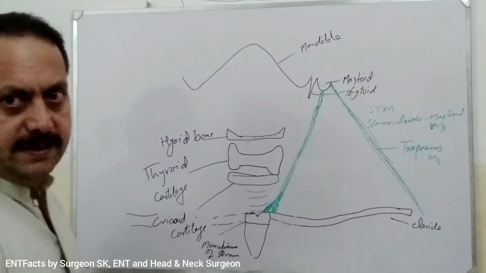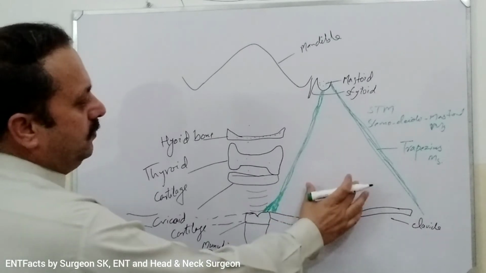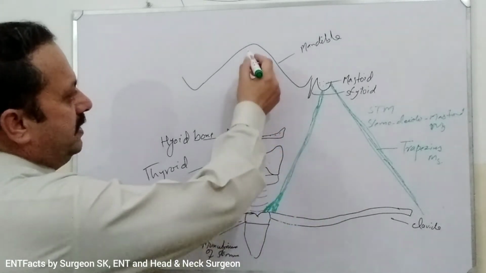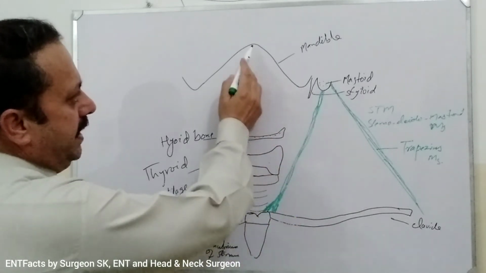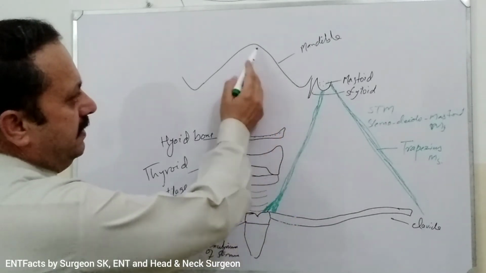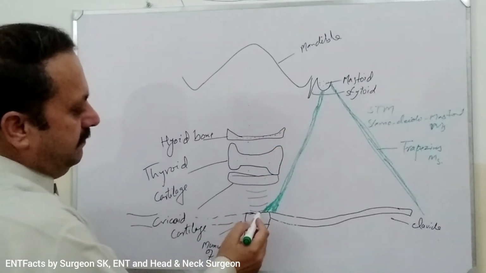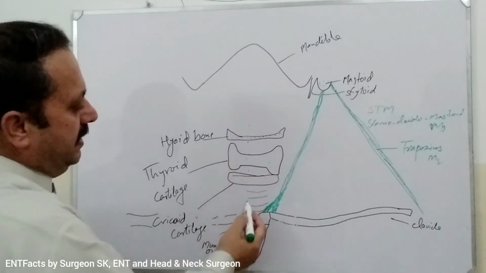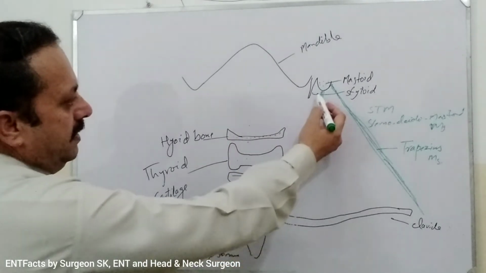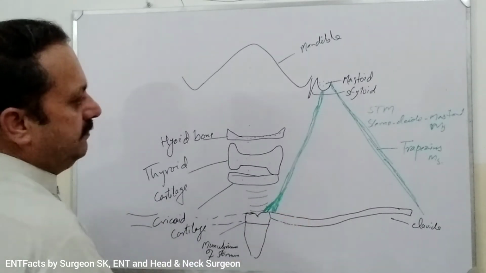Now, if you notice, this neck is divided into two main triangles. One triangle, this one, with the base made by the clavicle, by the mandible above, and the apex at the sternum. Medial border by imaginary midline, and lateral border by the anterior border of the sternocleidomastoid.